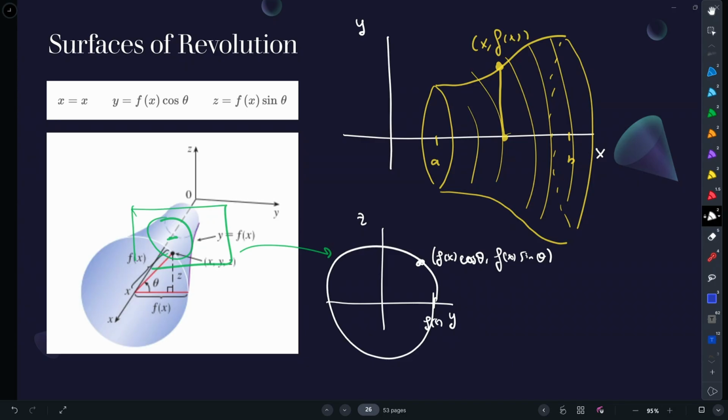Okay, so overall, in the entire parameterization, what you get is that R of, let's say, uv is going to be u, f of u cosine of v, f of u sine of v.